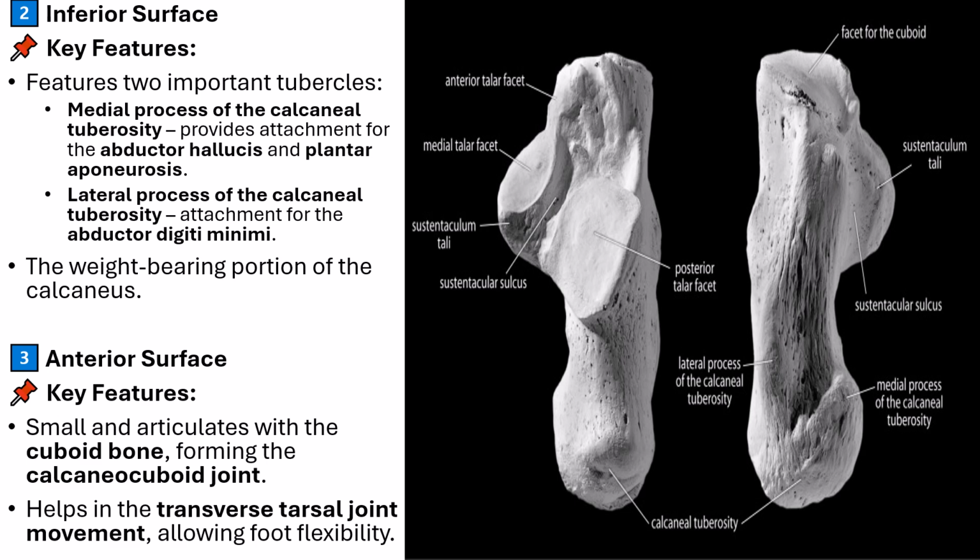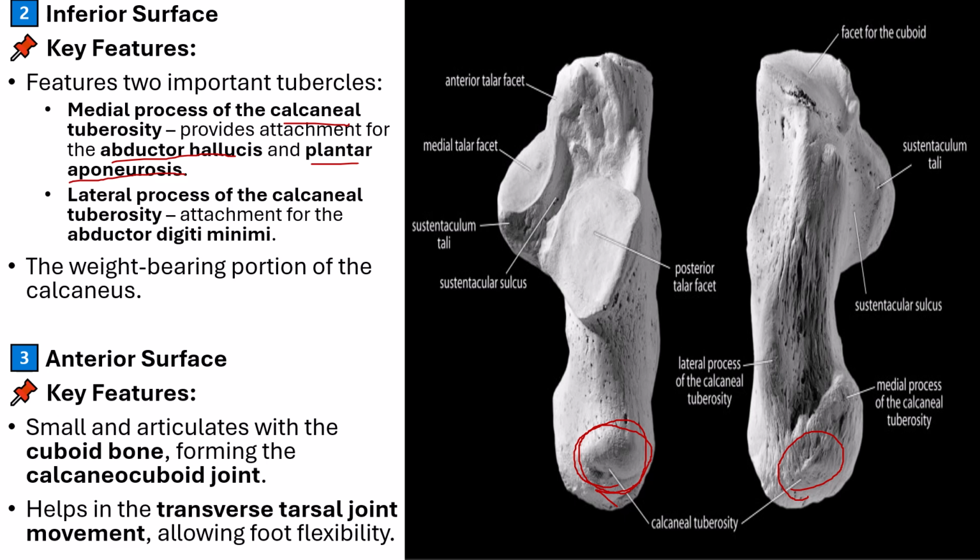So in the inferior surfaces, it is responsible for the weight distribution and it has the calcaneal tuberosity. The calcaneal tuberosity provides attachment to the abductor hallucis and the plantar aponeurosis.